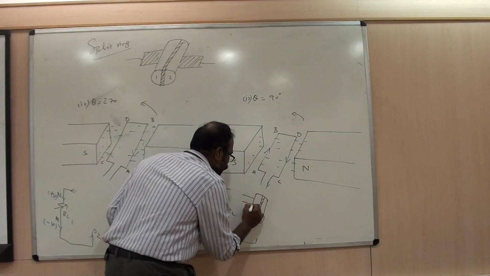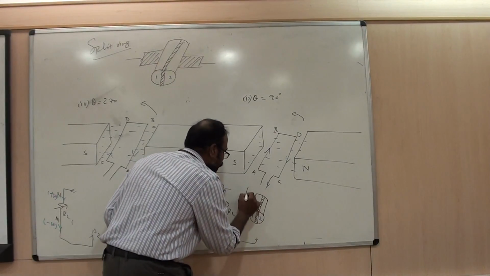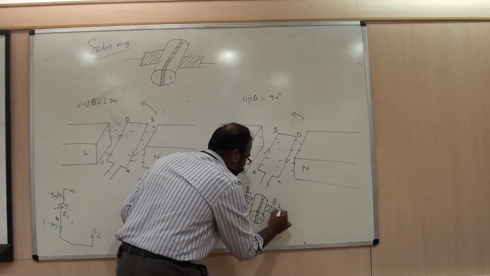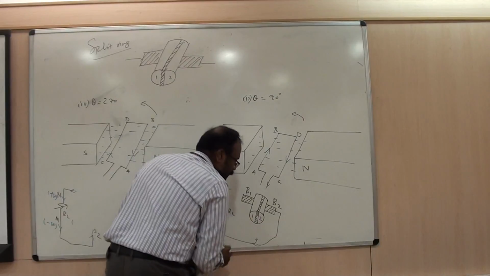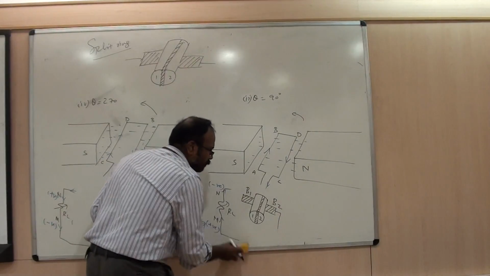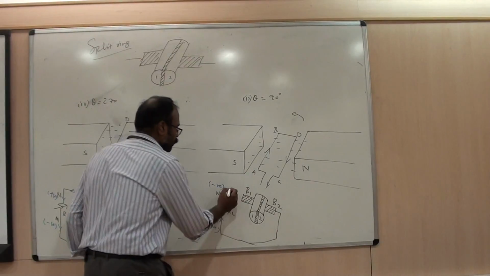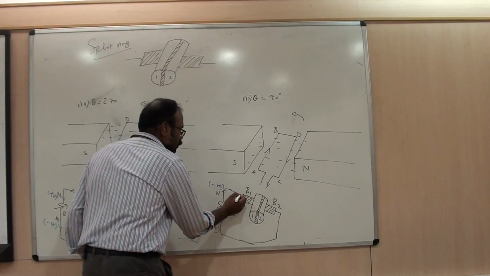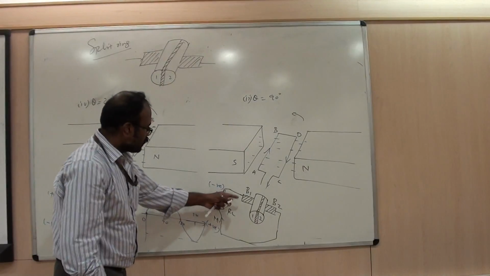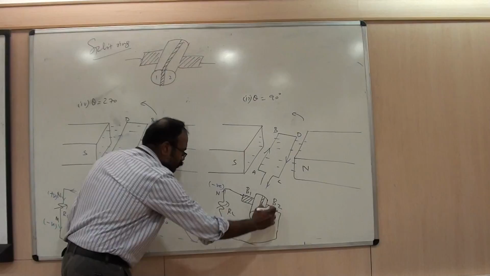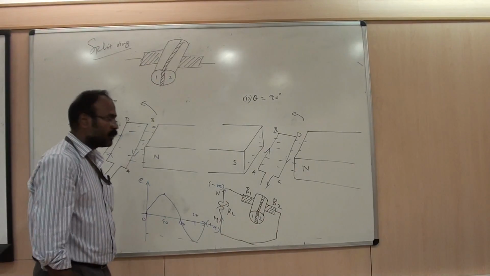The brush on this side, let us take B1, and this side is B2. B1 is fixed to the terminal N, B2 is fixed to the terminal M of the load.